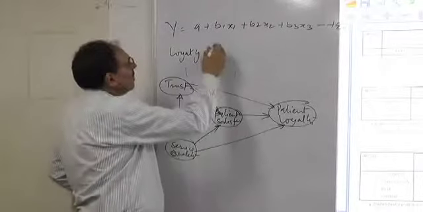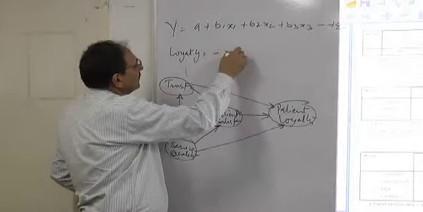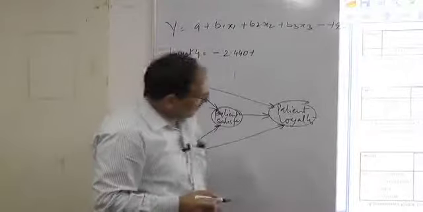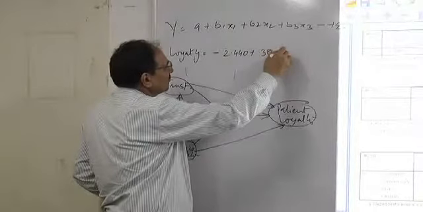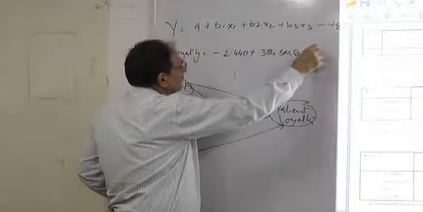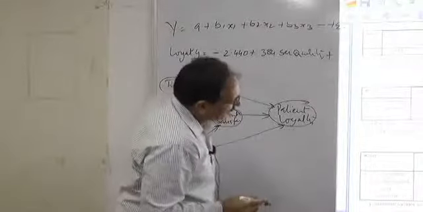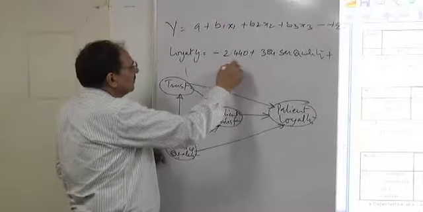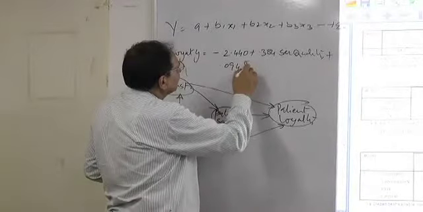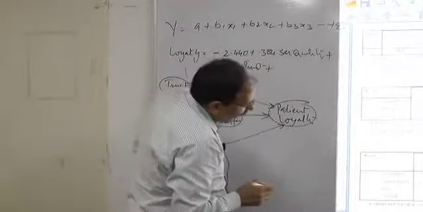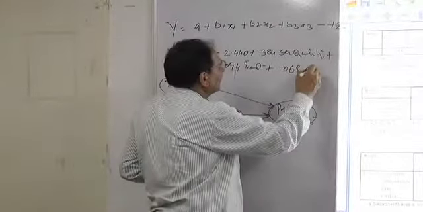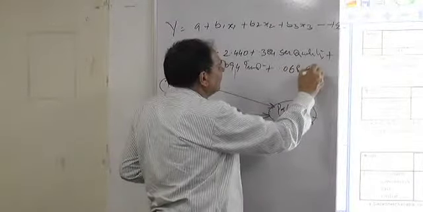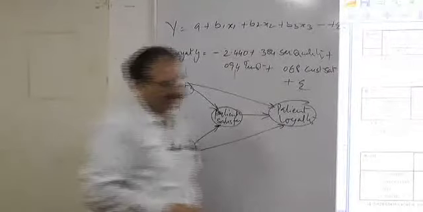Minus 2.440, plus B1, 0.384, and that is service quality, plus 0.094, and that is trust, plus 0.068, and that is customer satisfaction or patient satisfaction, plus the error term. That would become the equation.